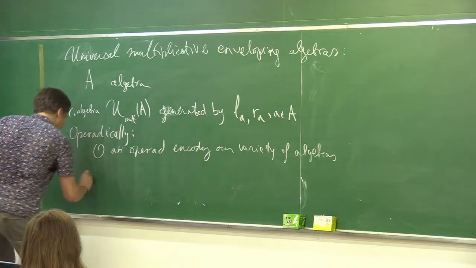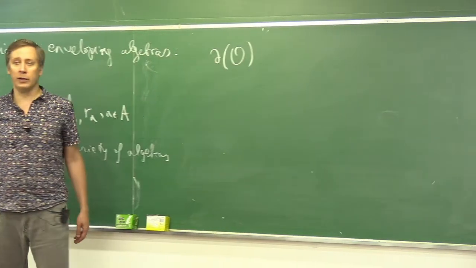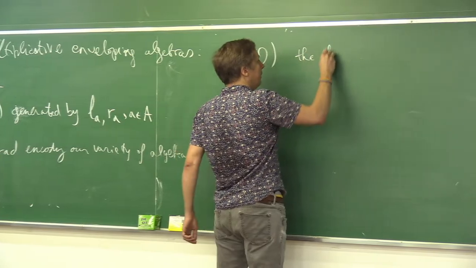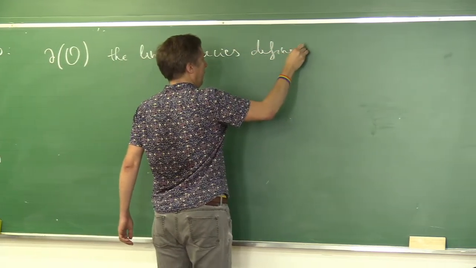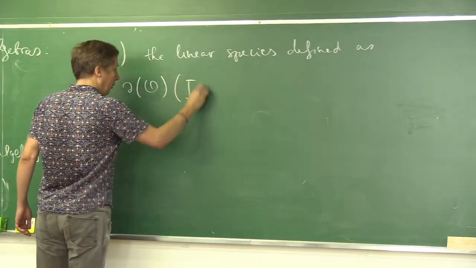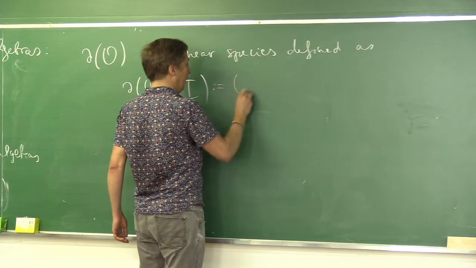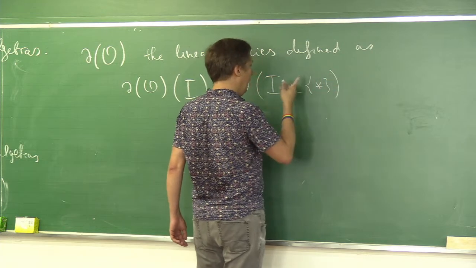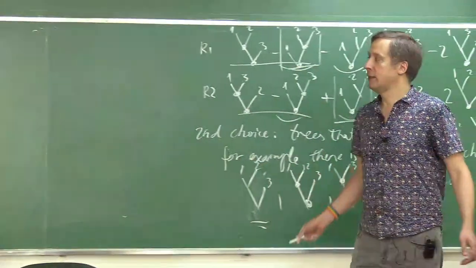And then I am going to define a very useful construction, which is often denoted by D of O. So this is the linear species, defined as follows: to evaluate D of O on a finite set I, you evaluate O on the disjoint union of I with one new element, which I'm going to denote star. So what does this mean?